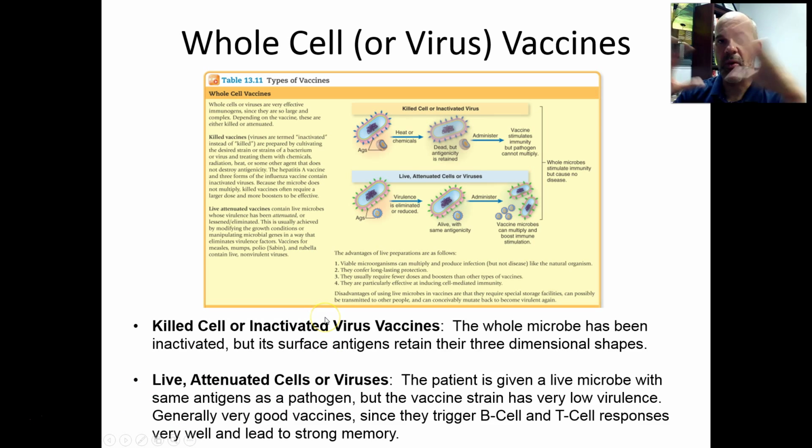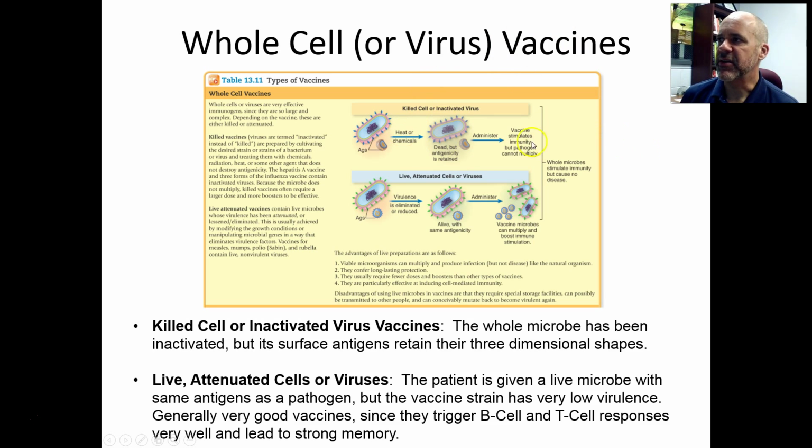You can receive a whole virus, but it has been inactivated, more or less preserved, frozen in place with its structure so that it maintains all the 3D shapes of the antigens so that your immune system will respond to it properly. And how do they do this? They use heat, chemicals to kill or inactivate these microorganisms.